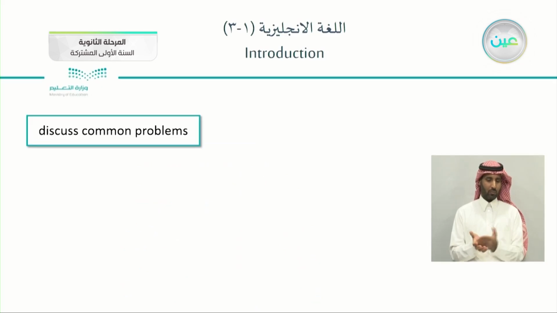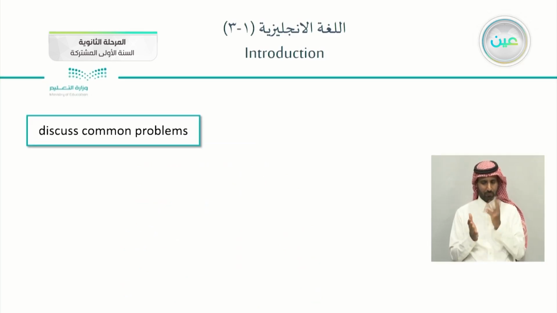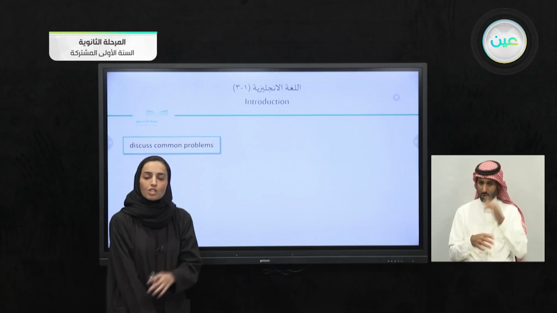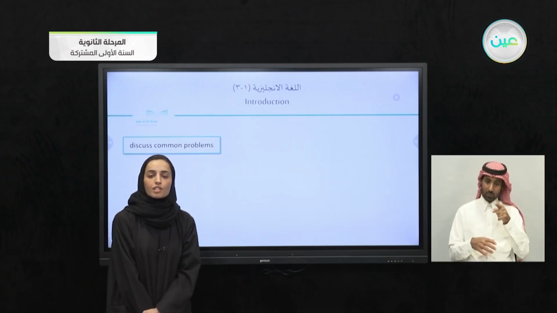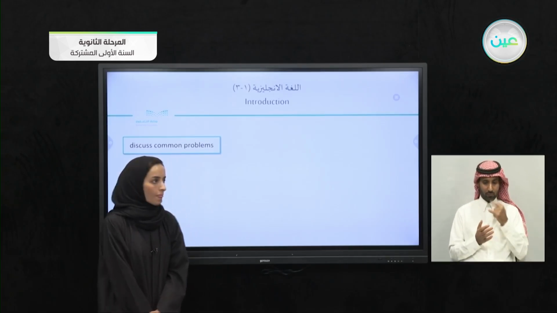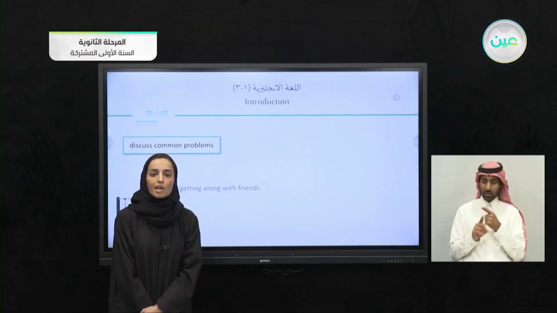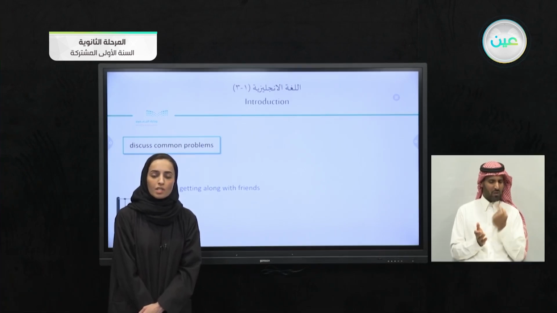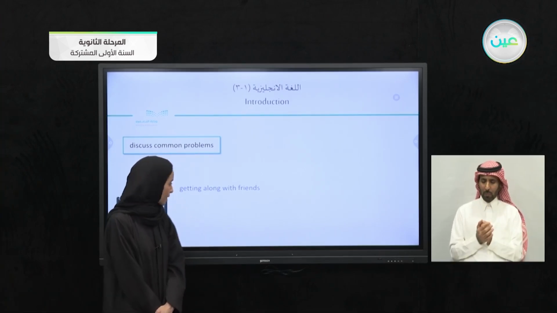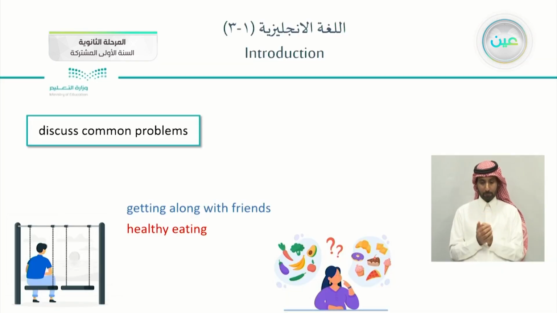Okay, next. Discuss common problems. What are some of the common problems that people at your age usually struggle with, suffer from, go through? We're having the problem getting along with friends. I don't have friends. Whenever I go to school, I am alone. No one talks to me. Another problem is healthy eating.